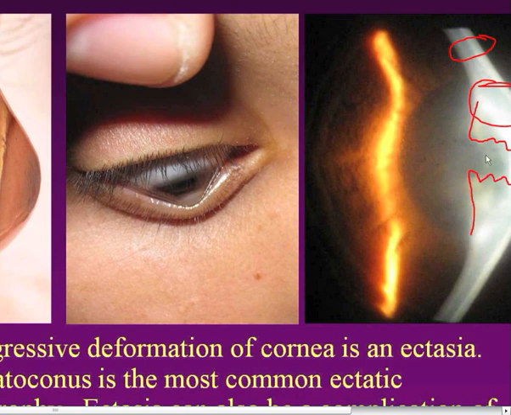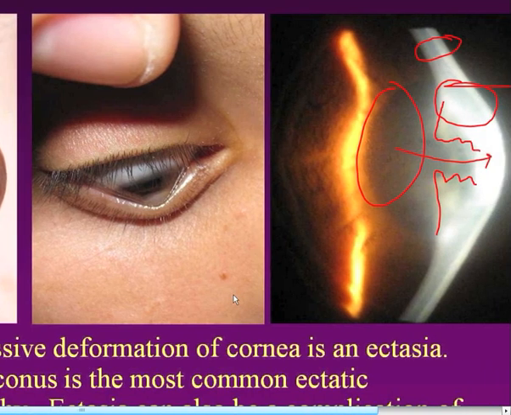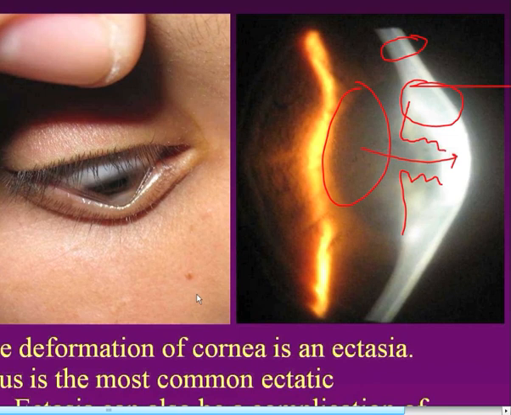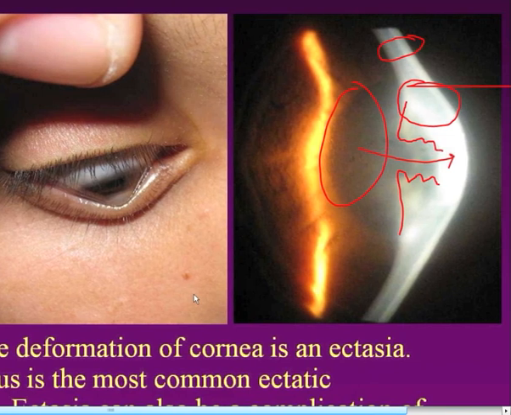This here is Descemet's membrane, which has ruptured, allowing fluid from the aqueous to get into the stroma of the cornea and cause it to turn white.